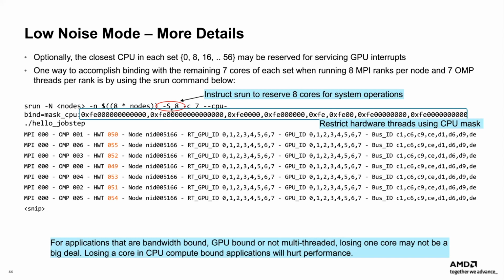You're basically saying reserve 8 cores for system operations. And we are using this mask. In this case, we are running 7 threads per process and 8 processes in each node. That is what we see here for rank 0. We have 7 threads and they all got bound. They didn't get bound to core 48. It starts from 49.